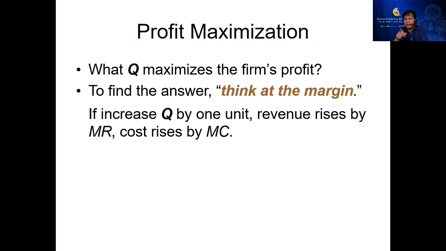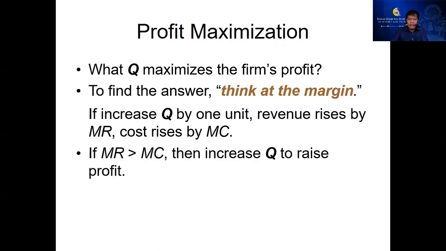Ang cost niya marginal cost, meaning additional cost sa isa ka unit of increase in production. So tan-aw nimo karon, ikumpara nimo pila ang marginal revenue kumpara sa iyang marginal cost.